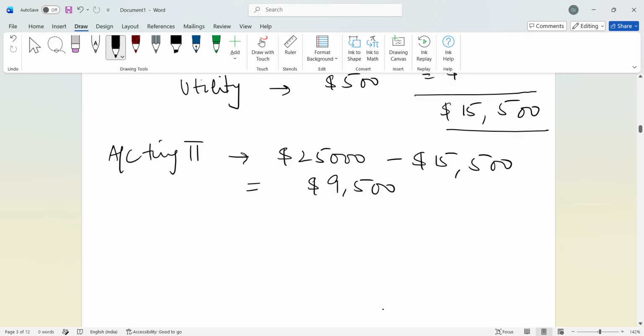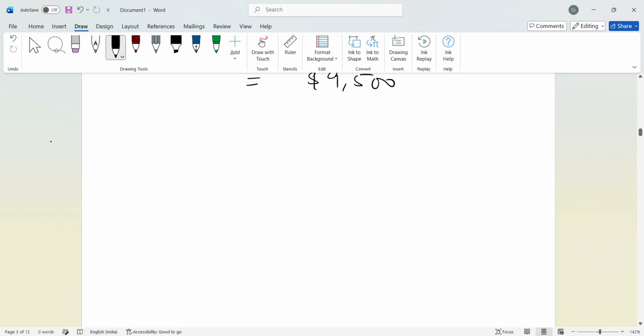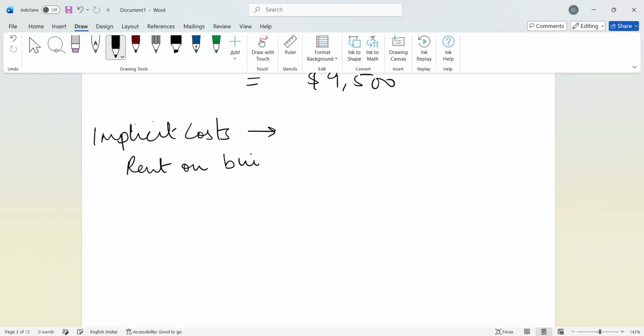Sally could rent out her building for $5,000 per month. So now let's calculate the implicit costs. First, the rent on the building that she could have earned where she is operating her business, because she is using her own building for her business.